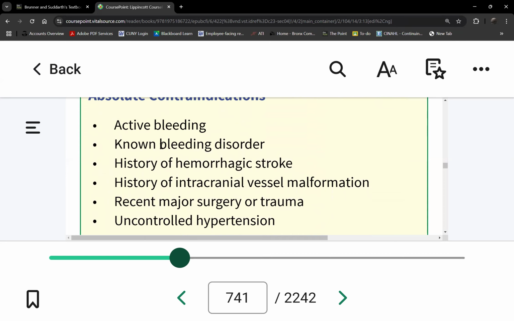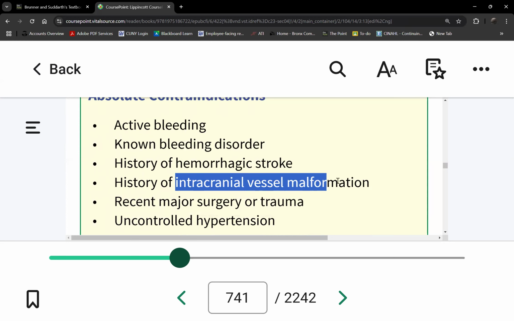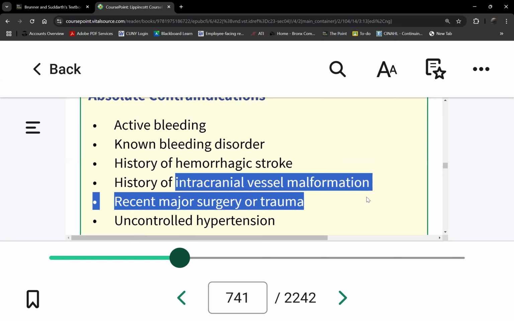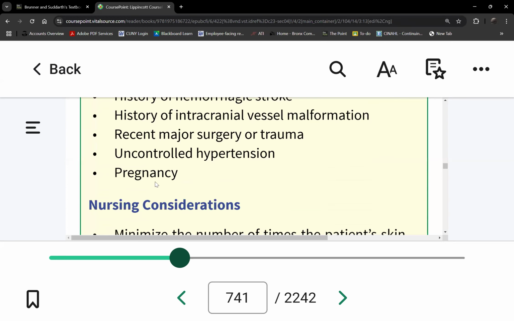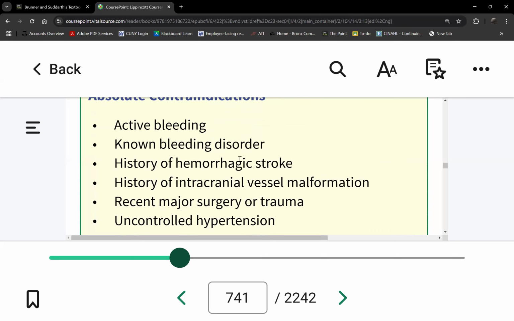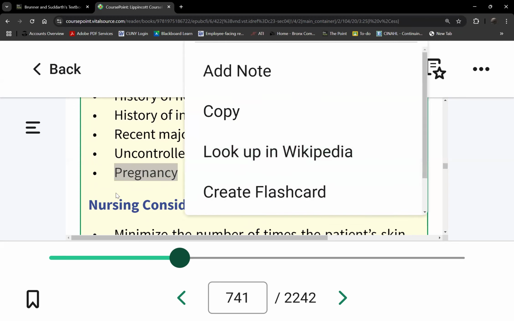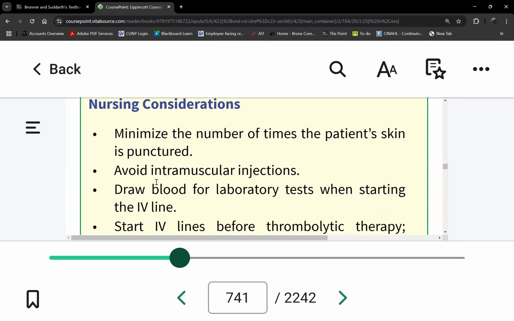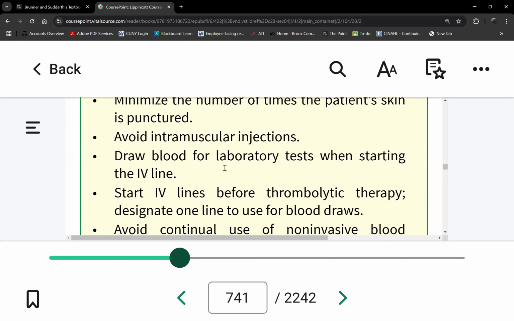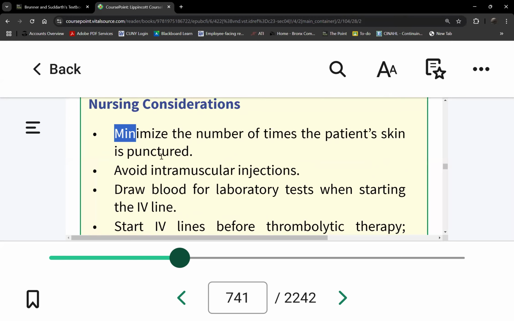Hemophilia, or I mentioned a stroke, abnormal blood vessels, either aneurysm or an AVM, recent trauma or surgery, uncontrolled hypertension, and not mentioned here, a brain tumor is also an absolute contraindication, and pregnancy. And because of the danger of bleeding, once a patient receives a thrombolytic, these are your bleeding precautions.